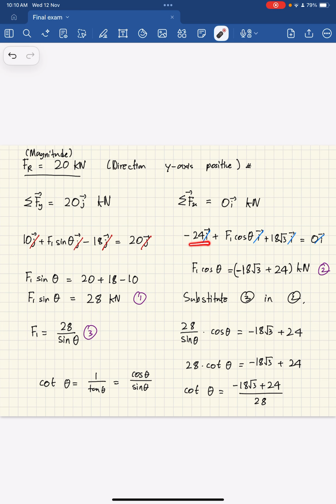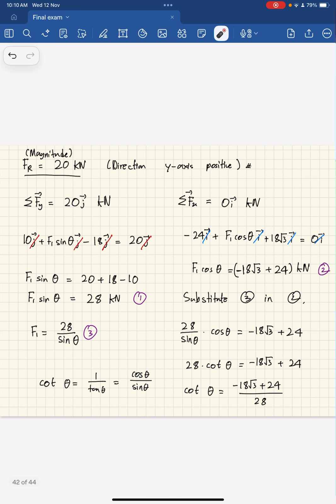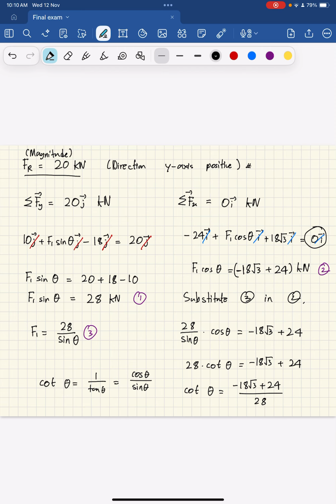And 24 is negative, yeah, so 24 is negative. And this one must be 0. Okay, this whole thing must be 0 actually. Okay, so because I moved to the other side, the signs have changed.